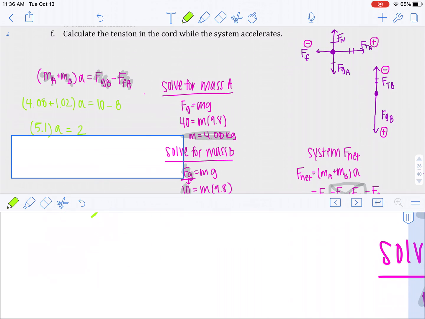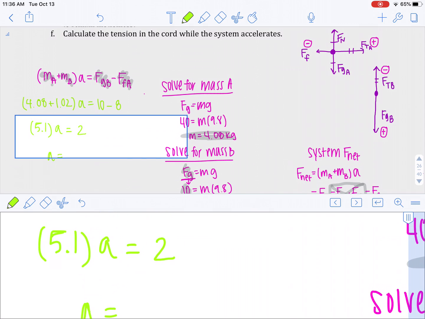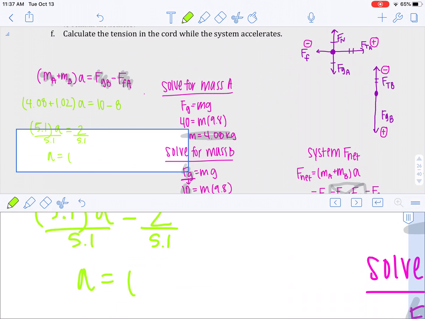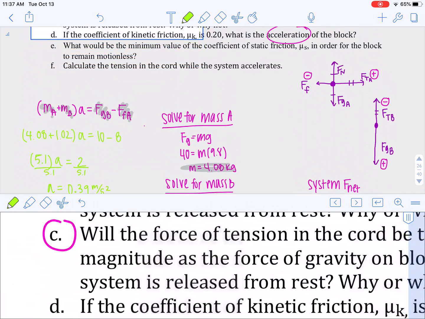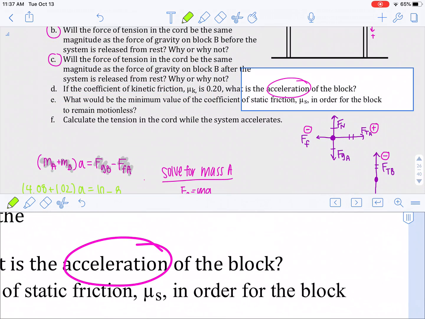Then if I take both sides, I divide by 5.1. So I do 2 divided by 5.1. I get 0.39 meters per second squared. So this will be my answer for part D.